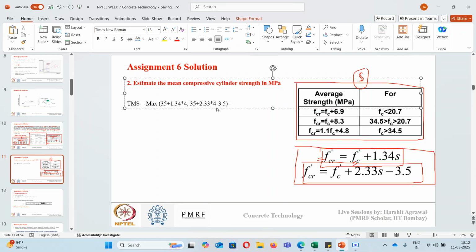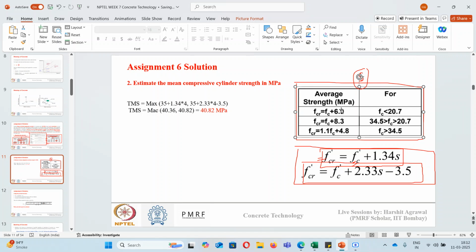If you calculate this, TMS is equal to the maximum of 40.36 and 40.82. So the maximum value is 40.82. So this will be the correct answer for this question.